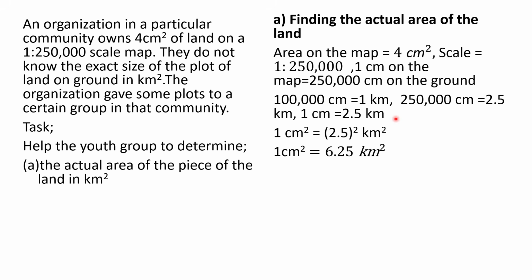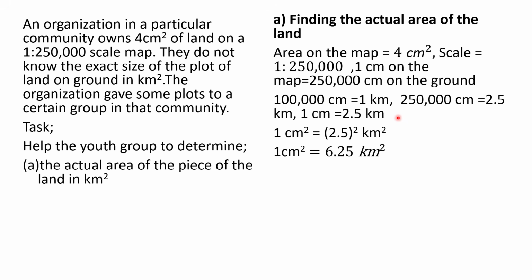Now they want the area in square kilometers. Now please, people, after having 1 centimeter is equal to 2.5 kilometers, do not just put a square so that 1 square centimeter is equal to 2.5 square kilometers. No, that square comes when a number multiplies itself. If I say in square centimeters, 1 square centimeter is equal to 1 centimeter times 1 centimeter.